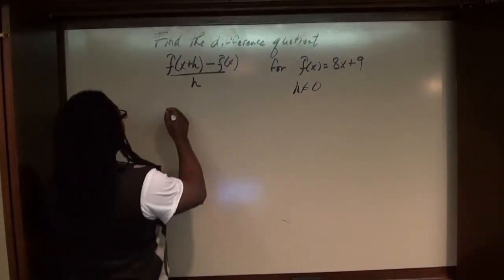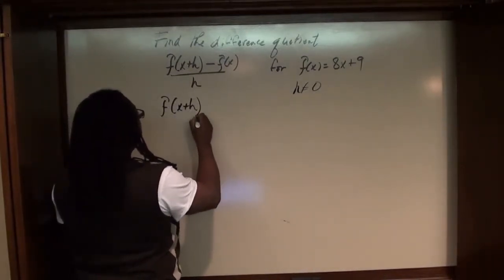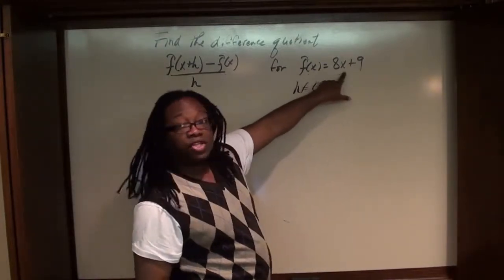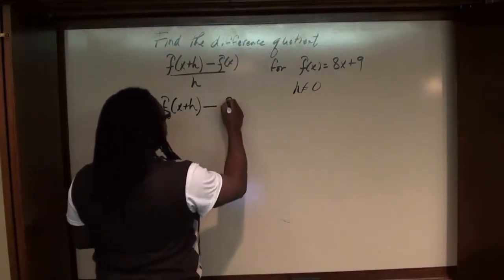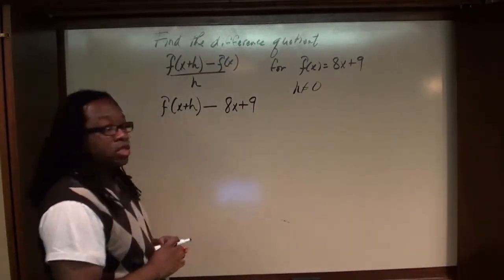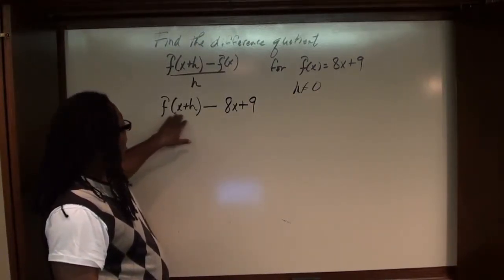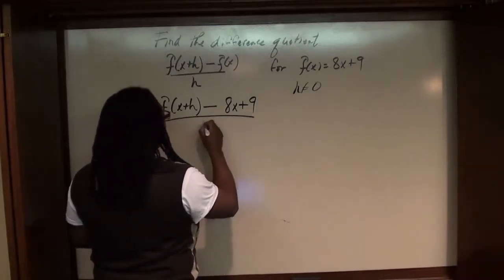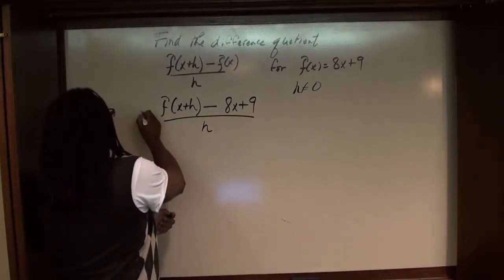So we can start with f of x plus h minus f of x. Well, we know what f of x is because it's given to us: 8x plus 9. So let's put in 8x plus 9. What's not so obvious is, what's f of x plus h? Again, this is all over h. We're just doing a basic substitution here.